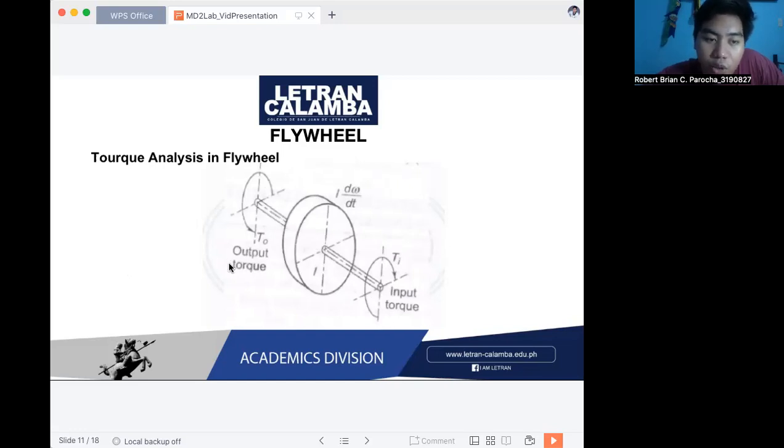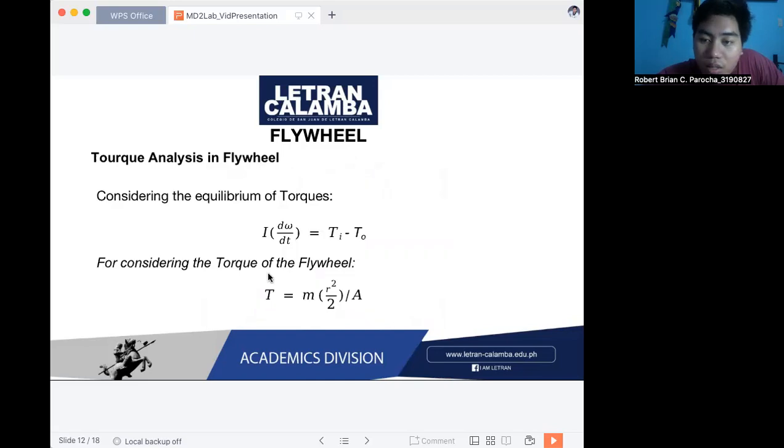It also shows that the flywheel has an inertia times the derivation of fluctuation, which is equal to the input torque minus the output torque. Also, we can apply another torque formula, this one, that is equal to mass times the outer radius squared over 2, and then all over the acceleration due to torque.